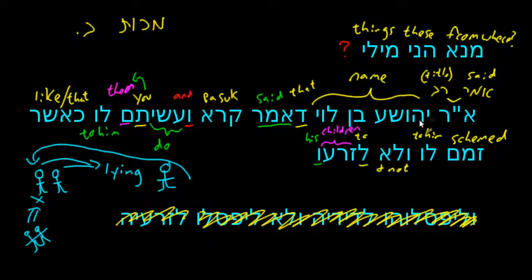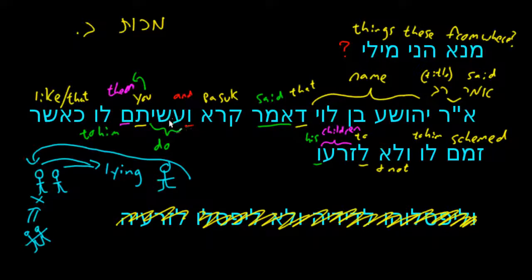Okay, so Amar Rabbi Yehoshua ben Levi. So Rabbi Yehoshua ben Levi is saying something. What is he saying? Amar, said, kra, pasuk. So that the pasuk said. And now there's a pasuk being introduced, and we'll get into this more in macro when we're discussing the beginning and ends of sources.